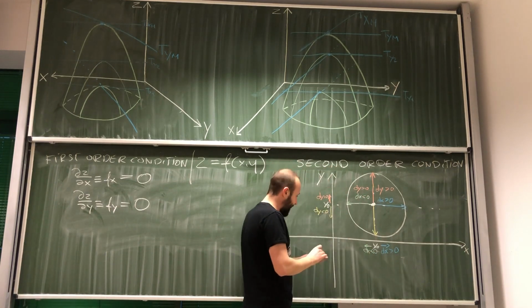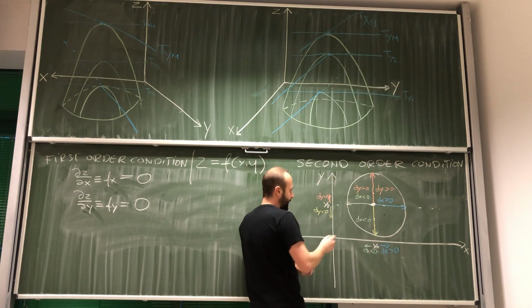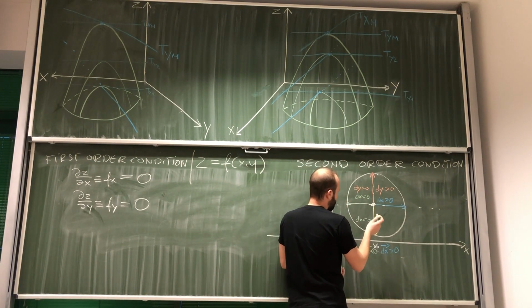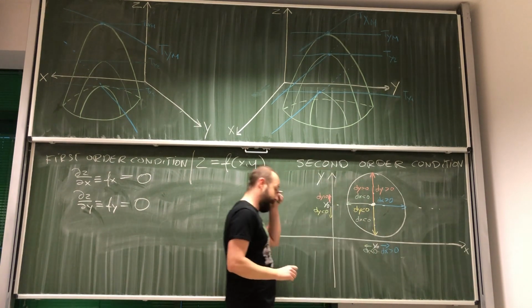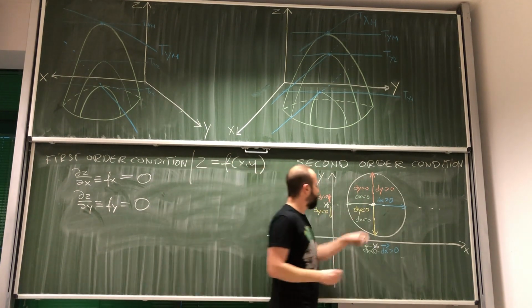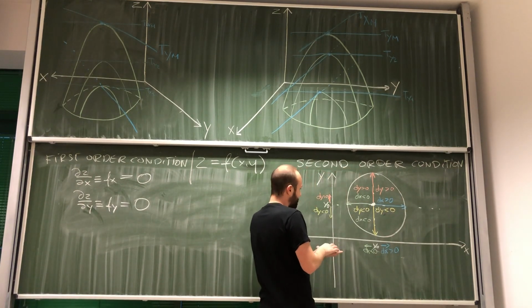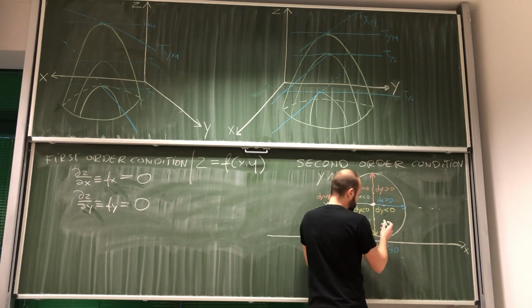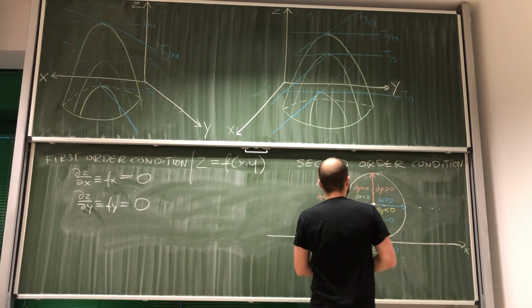Over here, x is still declining, but y is also declining. And finally, over here, dy is negative, and dx is positive.